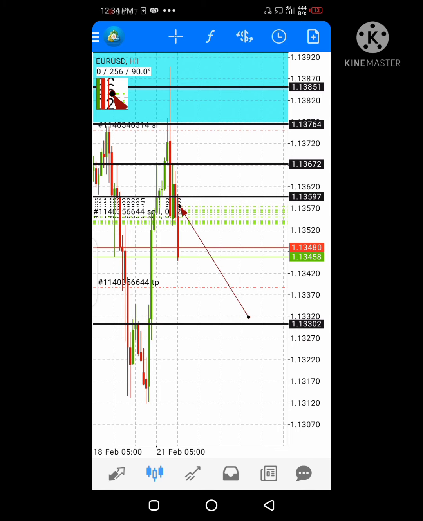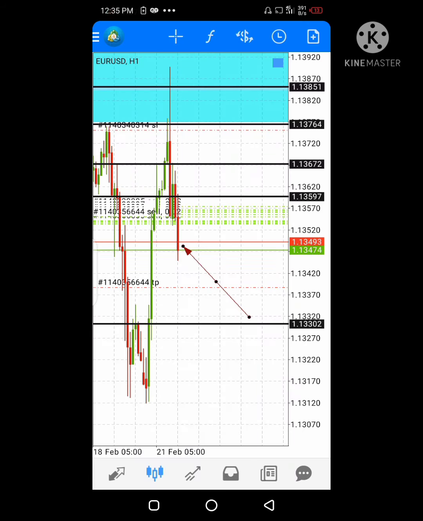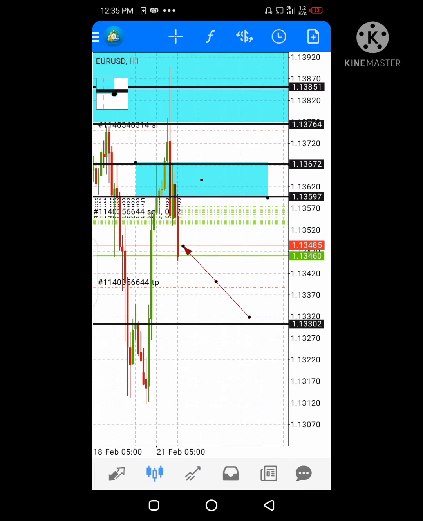So price broke it, tested it, and now it's meant to go down. So I'm just going to highlight that zone for you, right here. Going to highlight the zone for you.